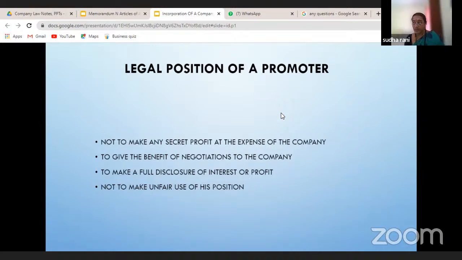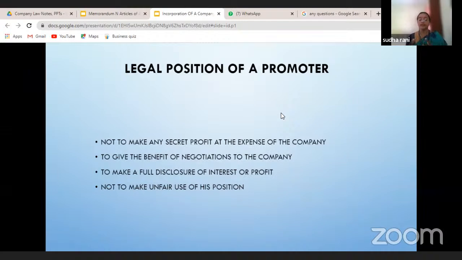In the process of incorporation of a company, expenses are incurred, and he is not supposed to make any secret profits. Like, say, incorporation of a company, documentation charges and all totally incur some 10,000. He cannot say that 12,000 was incurred and keep 2,000 in his pocket. That cannot be done because, as I already said, he has a fiduciary position.